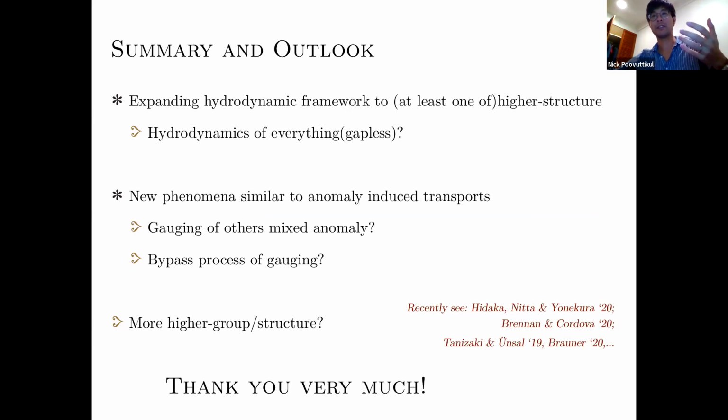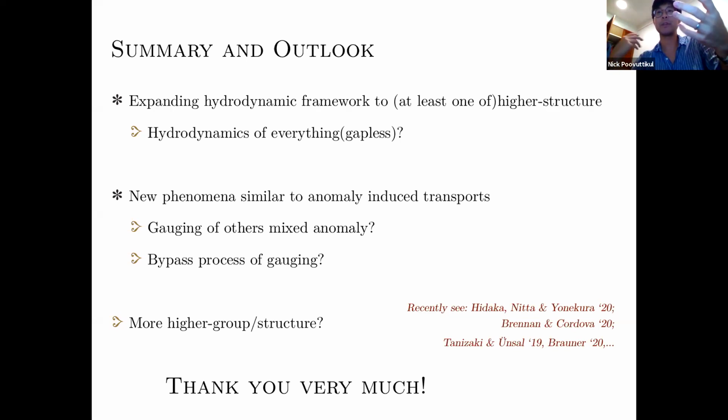One can also ask, in this case I only look at a system where I gauge one of the U(1)s of a system with a mixed anomaly, and it's actually only one of the mixed anomalies. There are two of them that are possible. We don't know how to do it with the other one. And another thing, which is probably more philosophical than just application, is that we were wondering whether we can bypass the gauging procedure.